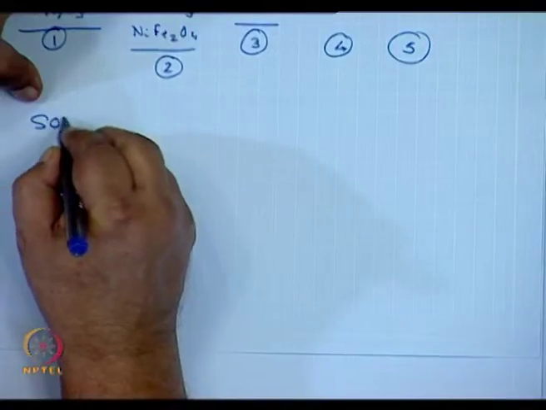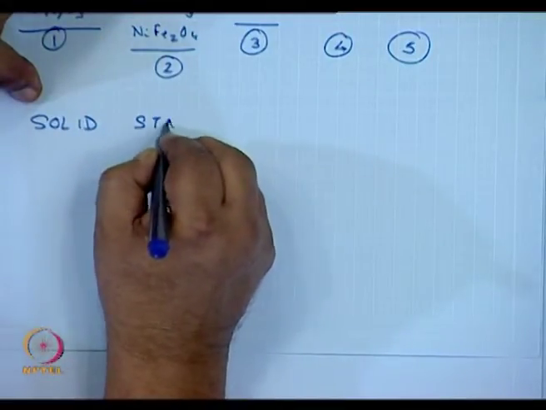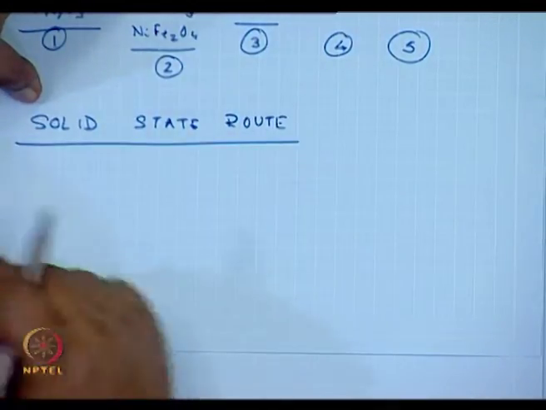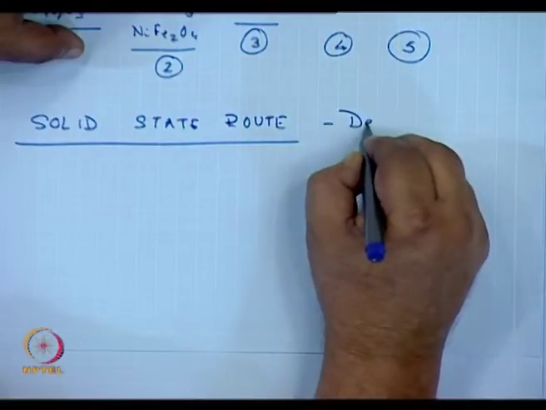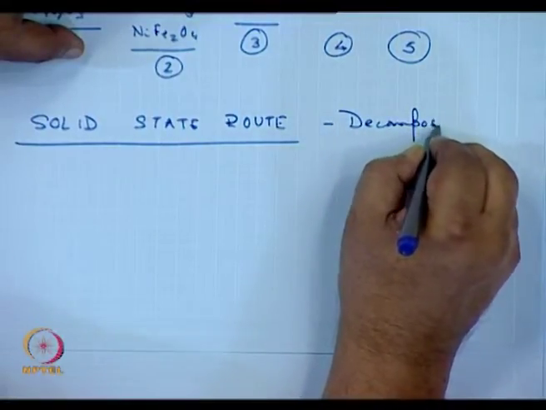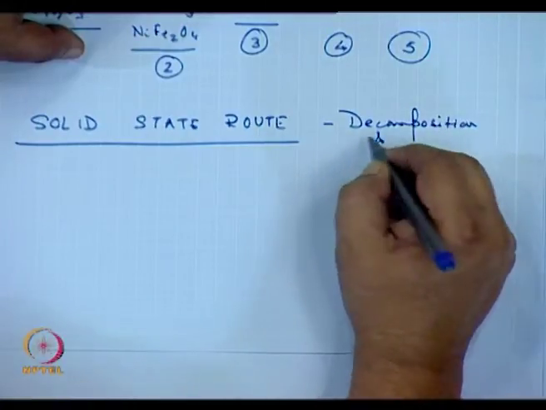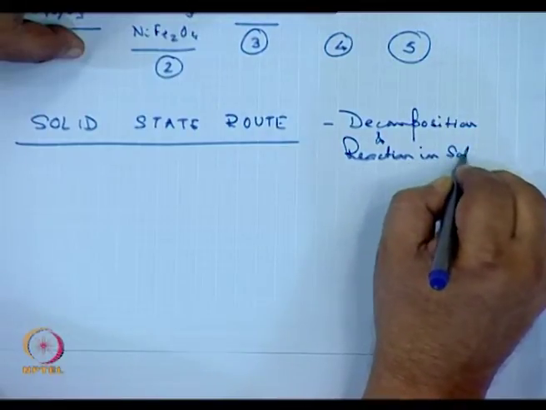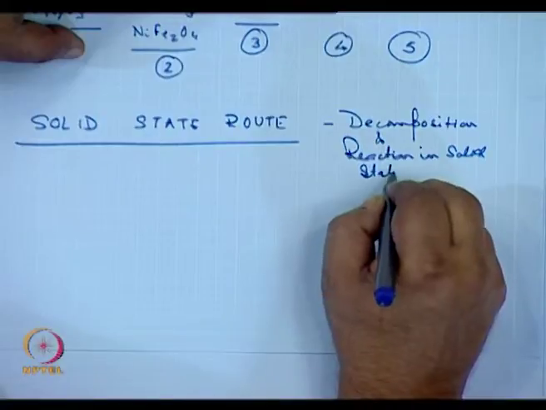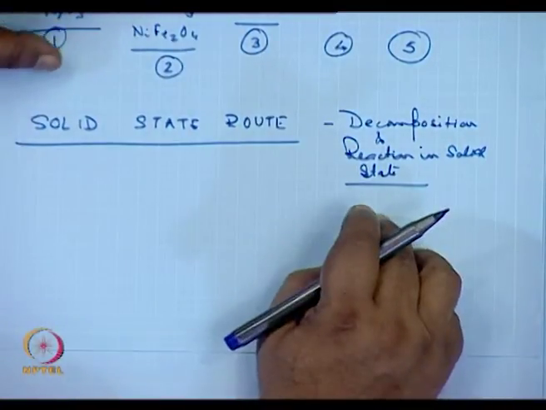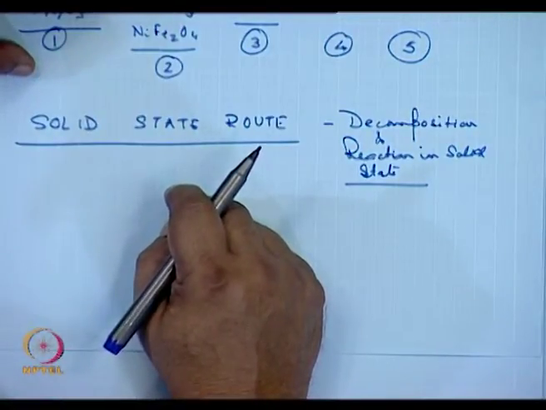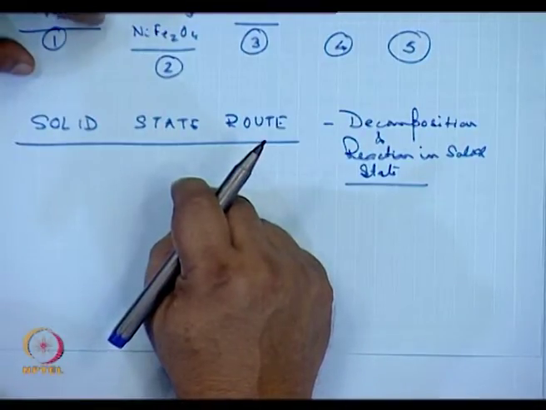What they did was they followed a solid state route, that is decomposition and reaction in solid state. Before I go on to precipitation techniques, let me focus on this solid state reaction route, because at times this is the only route available to us for reasons I will state later.